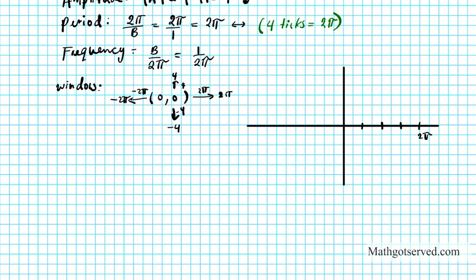So if that's 2 pi, this has to be pi, this right here is pi over 2, and this is 3 pi over 2. Going to the left, 1, 2, 3, 4 is -2 pi. If 4 tick marks is -2 pi, then this is -pi, this is -pi over 2, and this right here is -3 pi over 2.